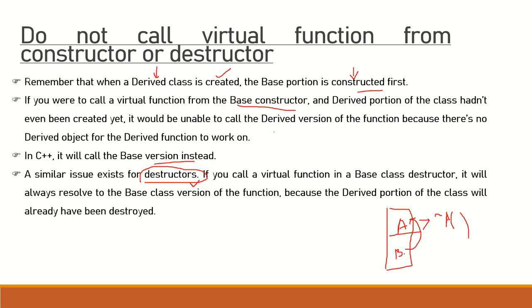What will happen? We know that B is a child class and A is a parent class, and before calling the destructor of the parent class, the destructor of the child class gets called. So if the destructor of B is called first, then all the virtual functions written inside B will not be available to call from A's destructor. This is the reason we always suggest not to call any virtual function from either a base class constructor or a base class destructor.